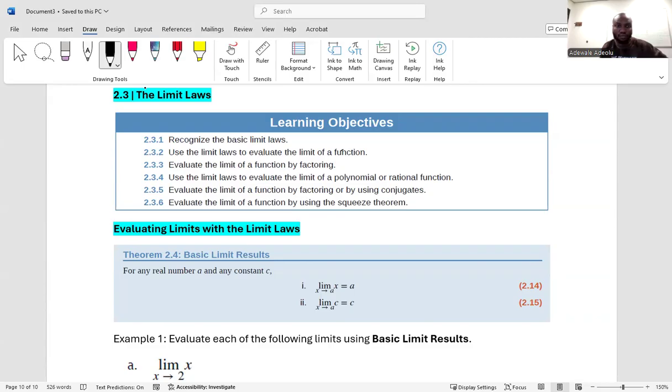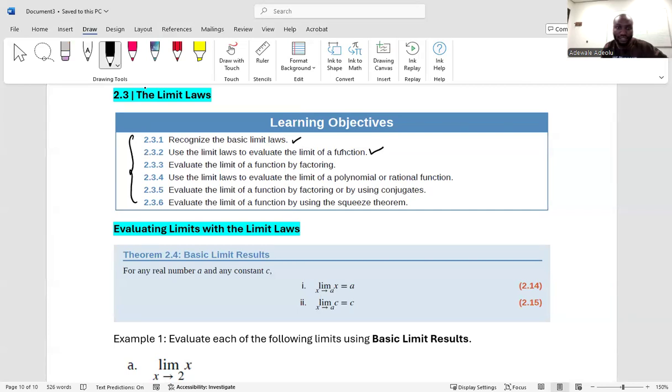Briefly, this time we are going to be looking at the limit laws, and we are trying to cover all these subtopics by first recognizing the basic limit laws. We will use the limit laws to evaluate the limits of a function.